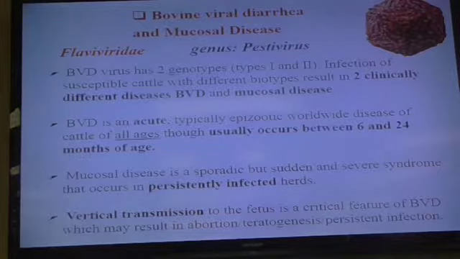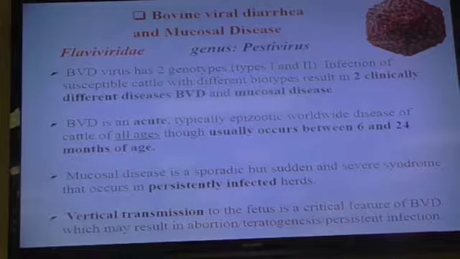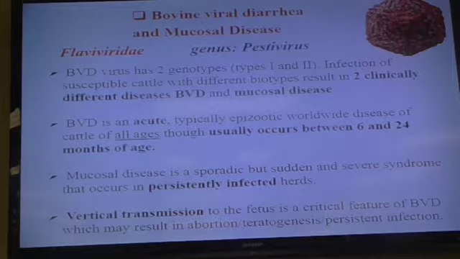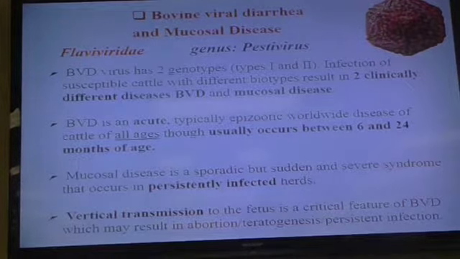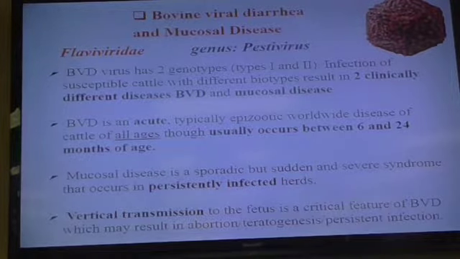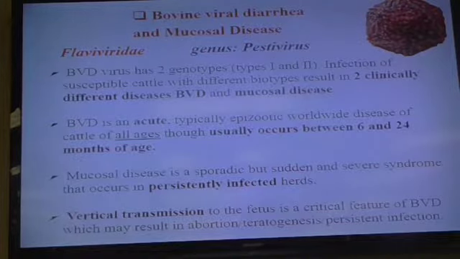What is BVD? It's an acute, typically episodic worldwide disease of cattle of all ages, but usually occurs between 6 and 24 months of age. One of the most important outcomes of this disease is the presence of persistently infected calves. As a result of the persistent infection, the spread of disease is very fast.